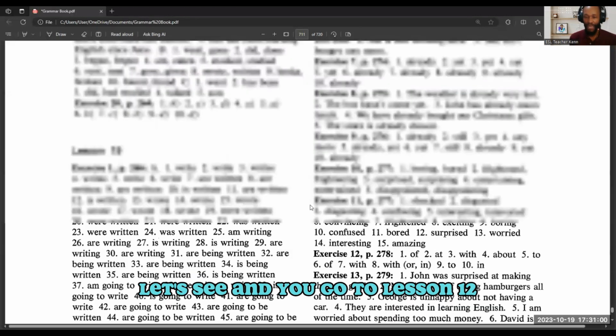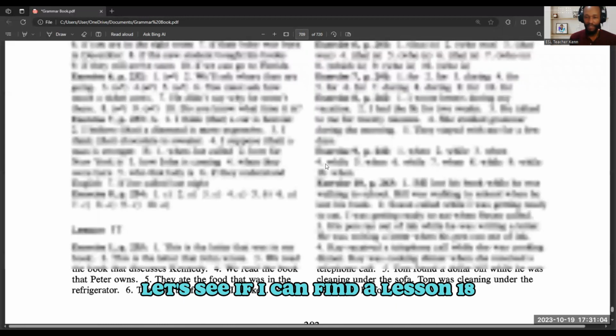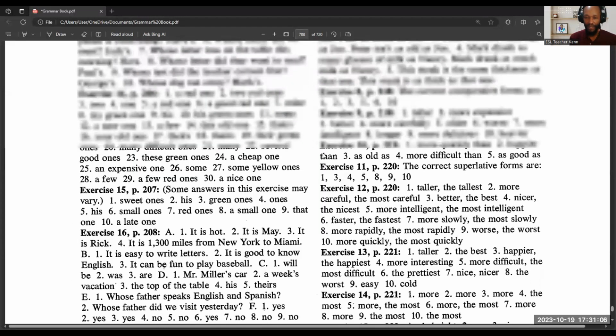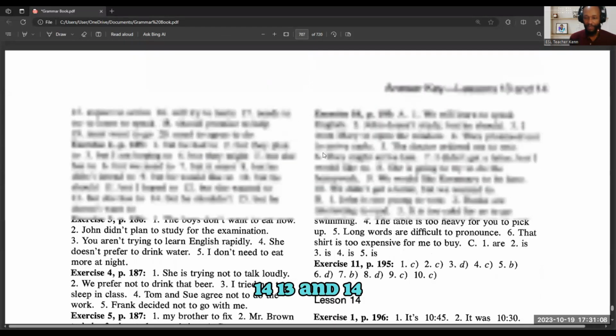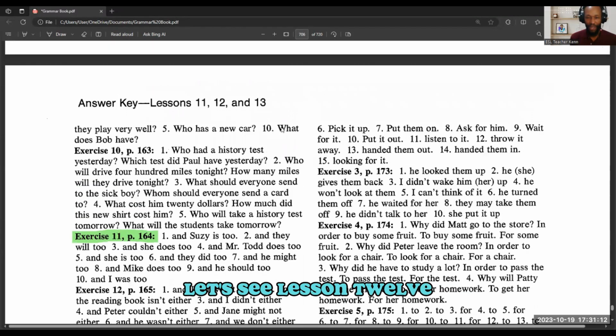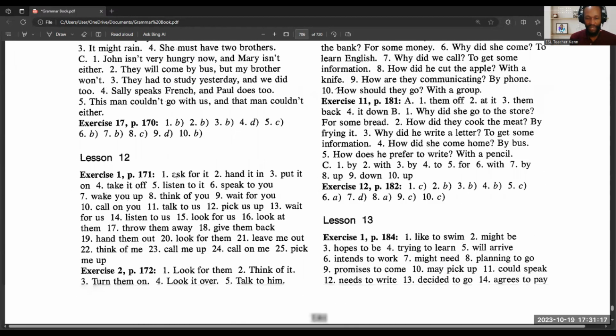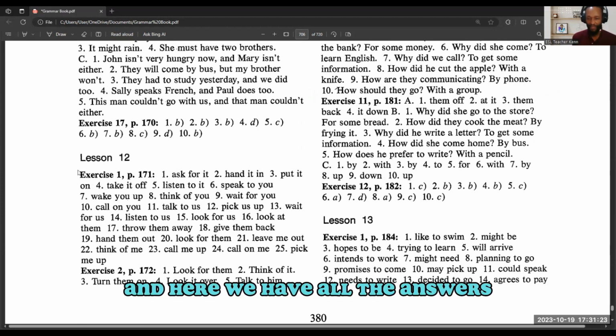And you go to lesson 12. Let's see if I can find it. Lesson 12, exercise 1. And here we have all the answers.